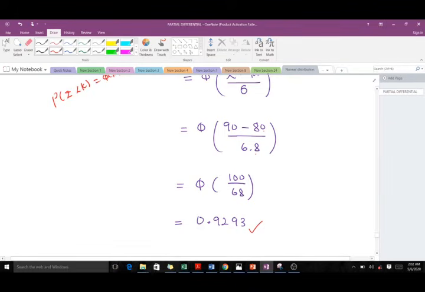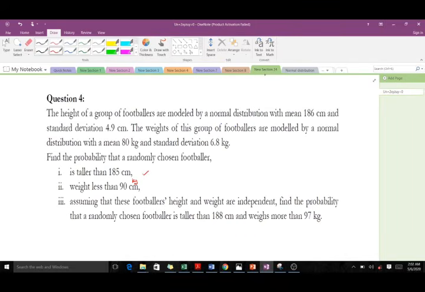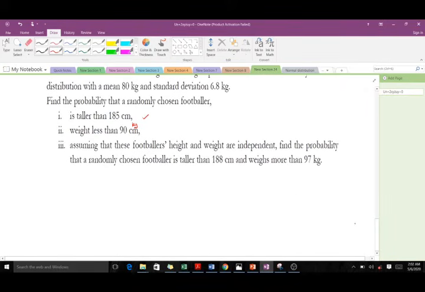So let's go to the third question, the final one. It says, assuming that these footballers' height and weight are independent. I hope you remember what independent events are in your probability and statistics course, right? So we said two events are mutually exclusive when the probability of A intersection B is equal to 0.